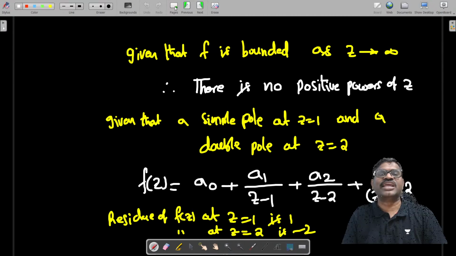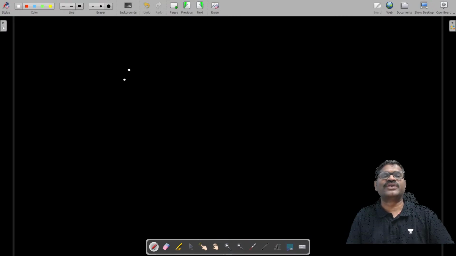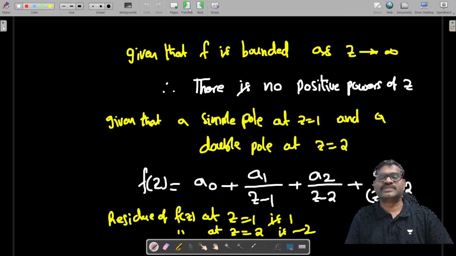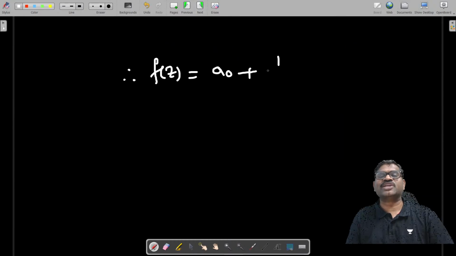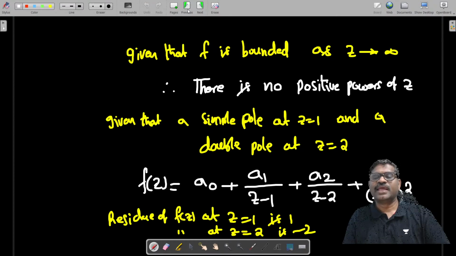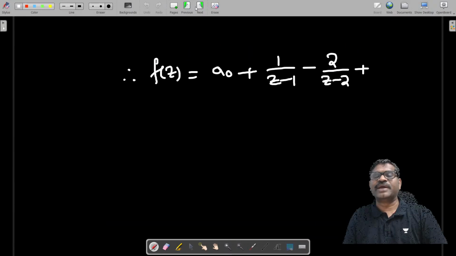Therefore, our function is f of z equal to a naught plus 1 by z minus 1 minus 2 by z minus 2 plus a3 by z minus 2 whole square.